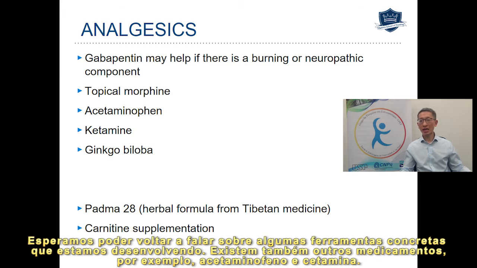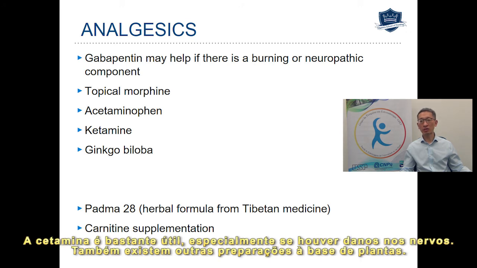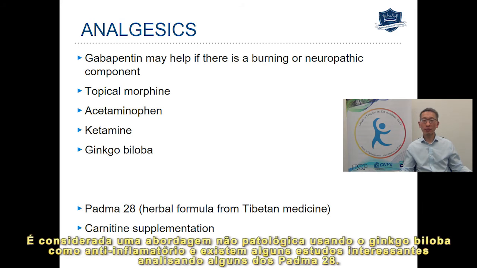There are also other medications, for example, acetaminophen and ketamine. Ketamine is quite useful, especially if there's nerve damage. There are some herbal preparations, if you may, a non-pharmacological approach, using ginkgo biloba, which is anti-inflammatory. And there are a couple of interesting studies looking at something called Padma 28.